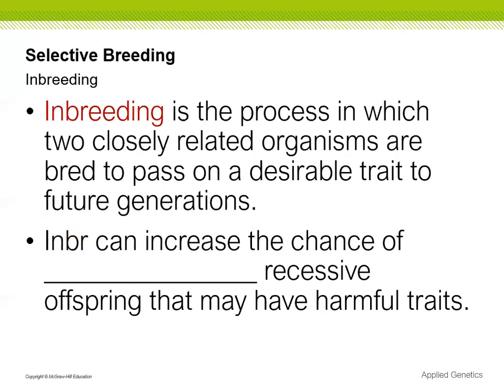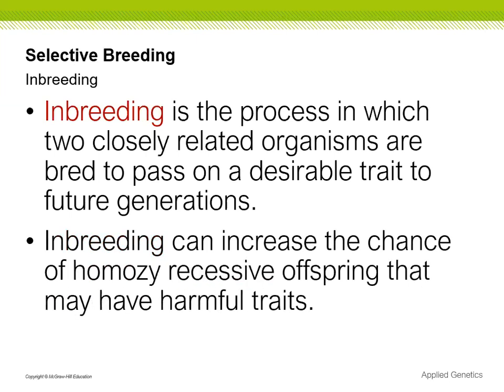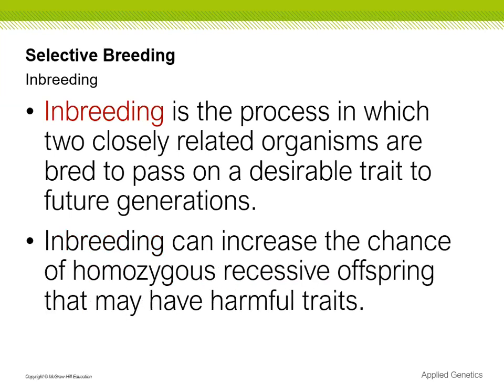So there are, of course, problems with this. Inbreeding can increase the chance of homozygous recessive traits, that homozygous recessive offspring that might have those harmful traits. What does that mean? Homozygous recessive?